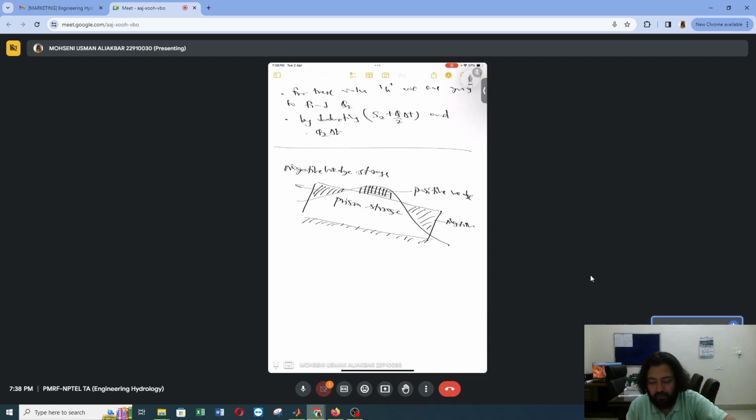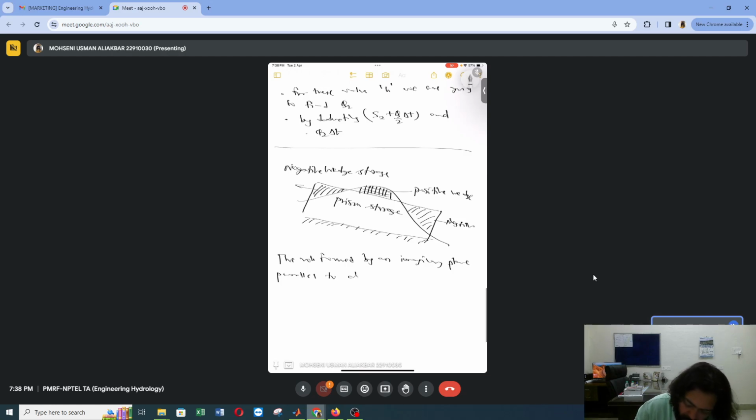So if we want to define prism storage and wedge storage, we can say that the volume formed by an imaginary plane parallel to the channel bottom, right? This is the definition of prism storage.